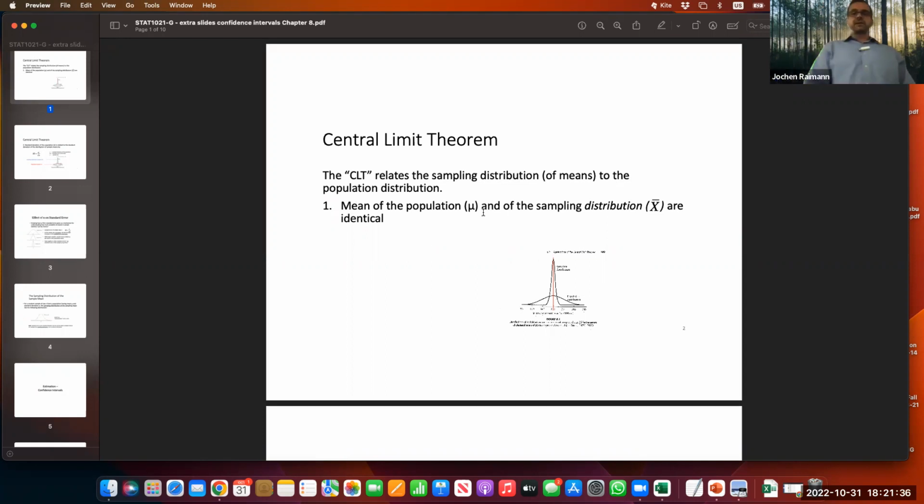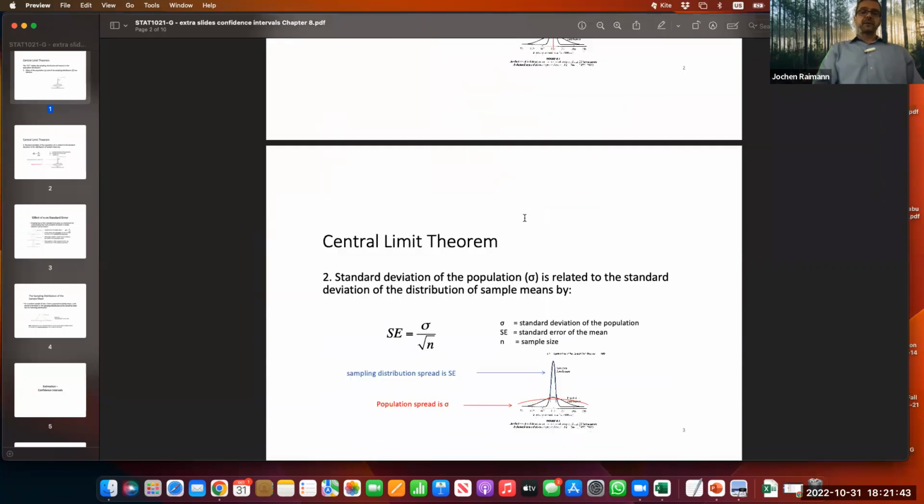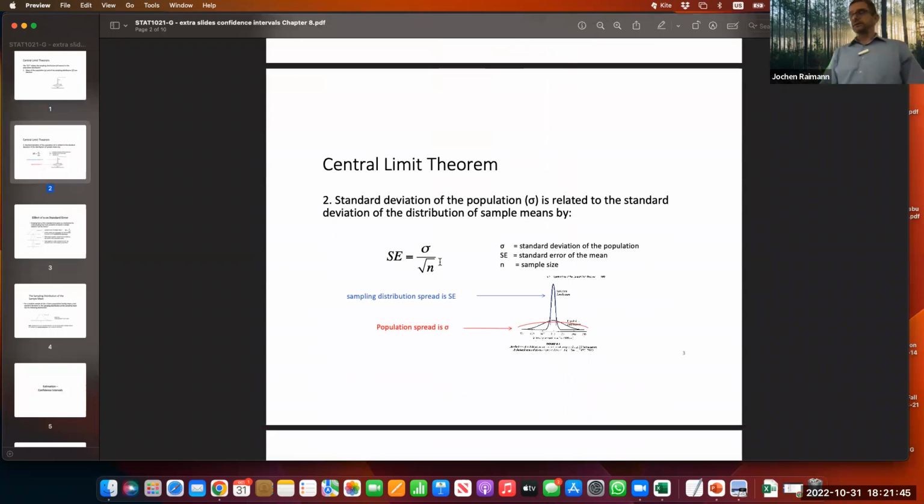So the number one central limit theorem insight is that the mean of the population and the sample distribution are identical. Secondly, the distribution around your sample mean is the standard error of the mean, which relates to the standard deviation of your population by the square root of the sample size, right?